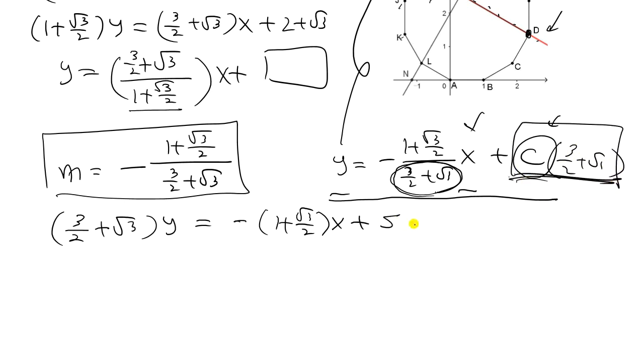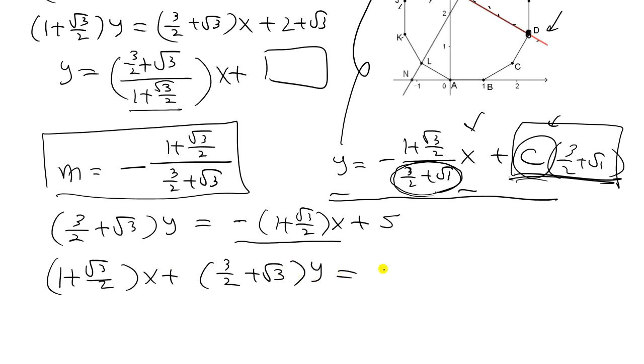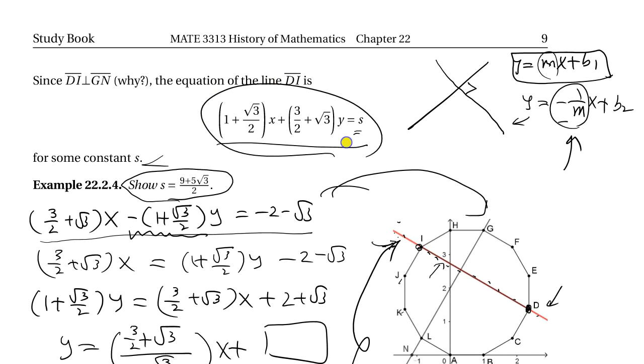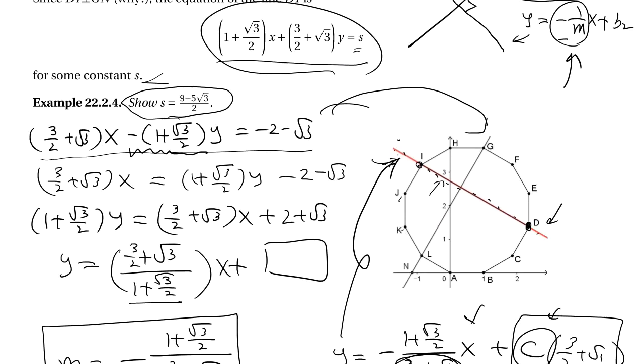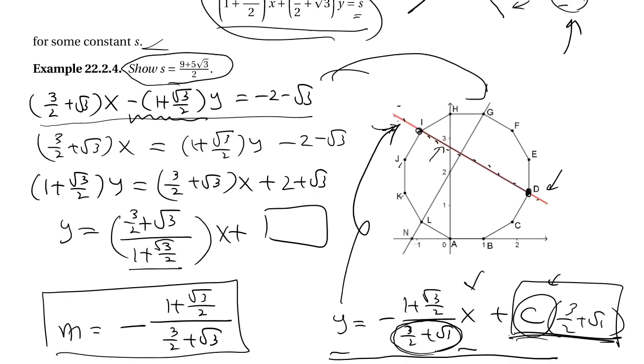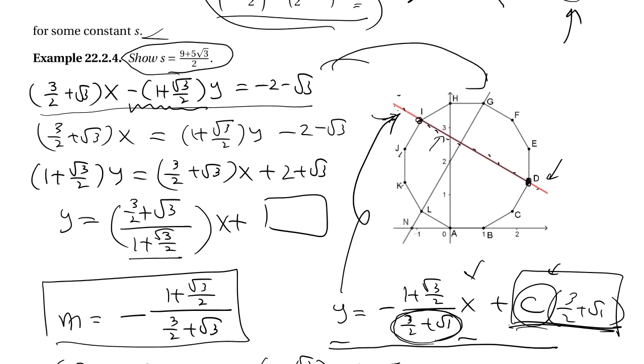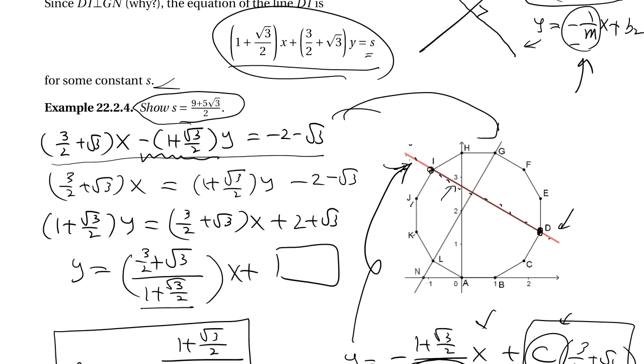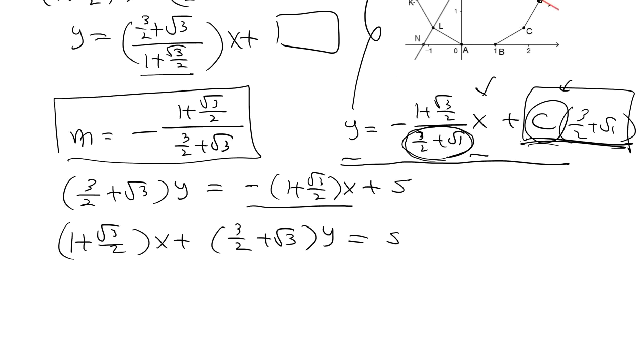So let me just put s in this case. Then adding these terms on both sides, we have (1 plus square root of 3 over 2) times x plus (3/2 plus square root of 3) times y equals s. And that's what you have over there, right? I think they are matching. Let's make sure we got the right ones. Okay, so we found it.